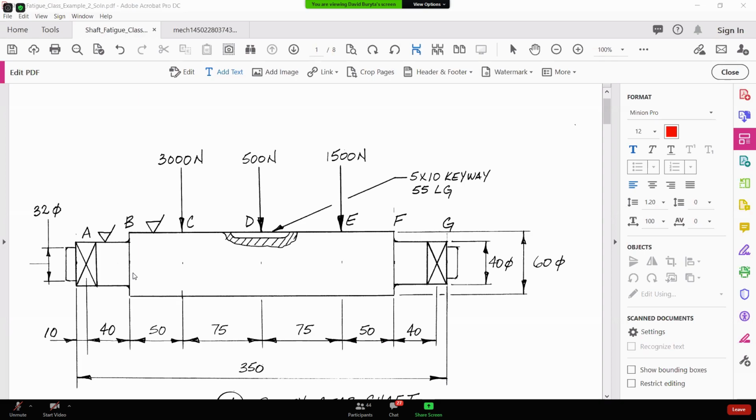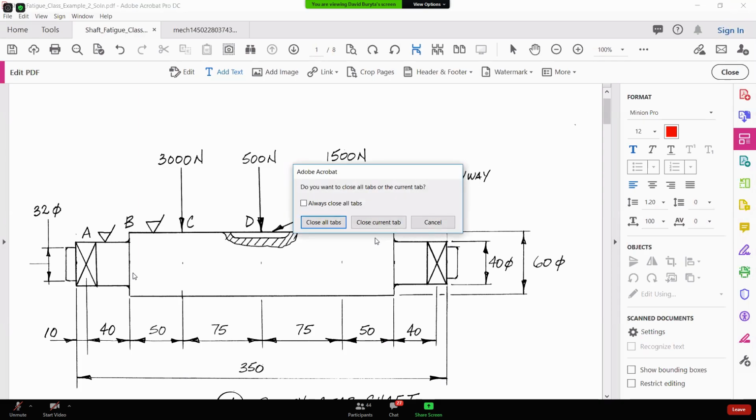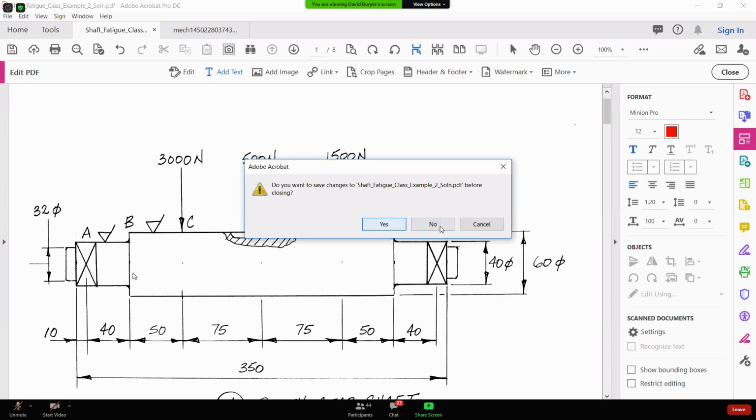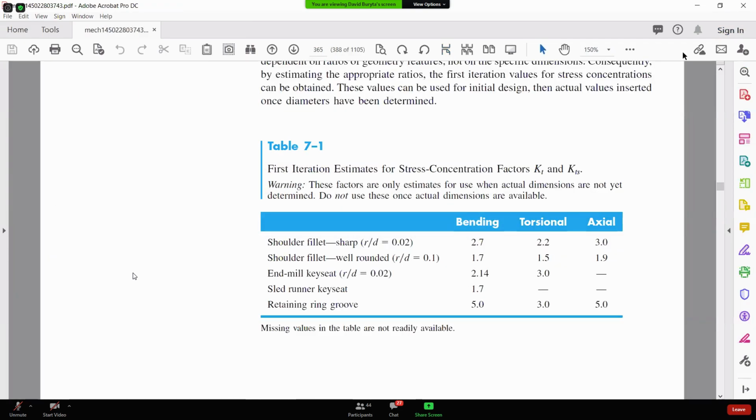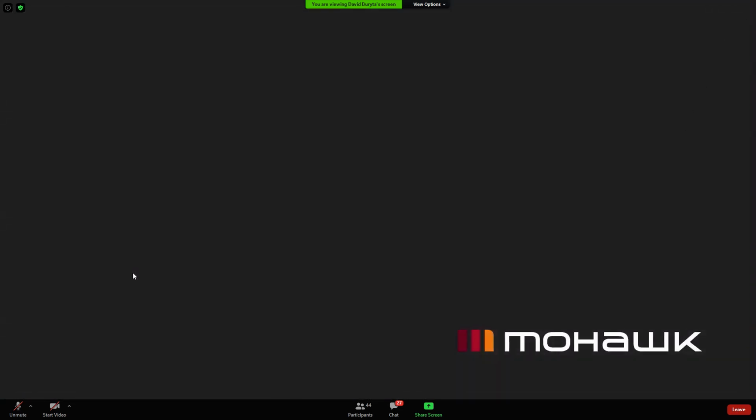Yeah, exactly. So if you look on Canvas, under the modules, I'll pull it up here.